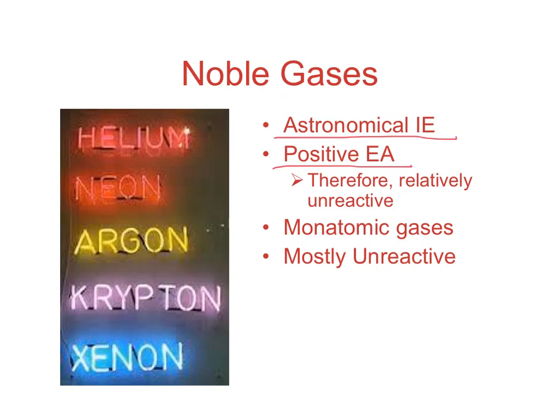So we say that their most typical property is that they're unreactive. Now, in fact, there are a few compounds that can be made from noble gases, but that's the exception, and we'll talk about those when we get to bonding. They are all monatomic gases. Okay? All right, so that's going to do it for us.